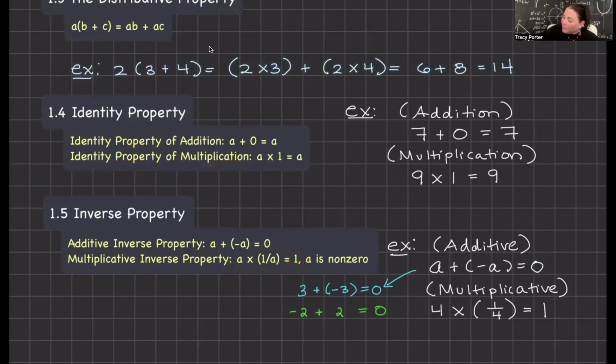In this example down here, we use 4, because you can write 4 over 1, and you would use its reciprocal, which would be 1 over 4. That's going to give you 4 over 4, which of course comes out to be 1. So if you multiply by the reciprocal, you're going to get back to 1. The multiplicative inverse is the reciprocal of the number, and the multiplicative identity is 1.